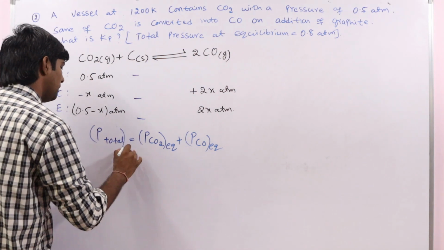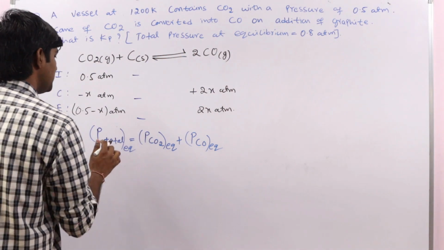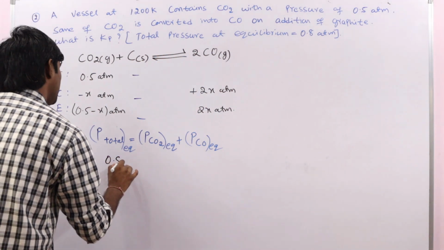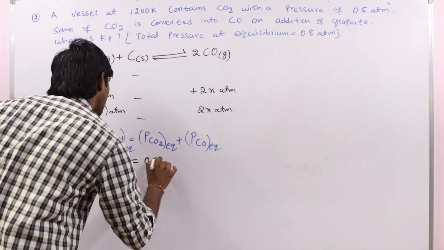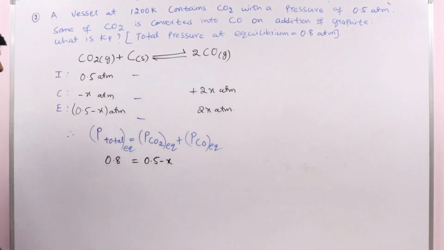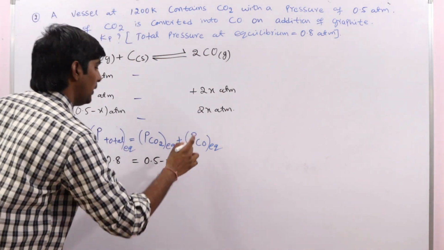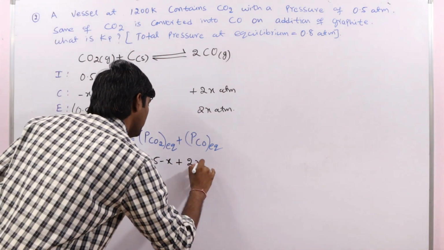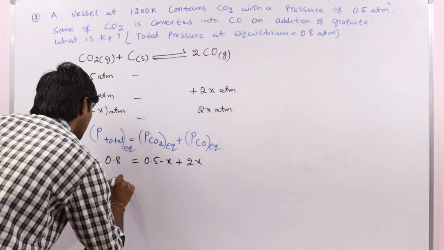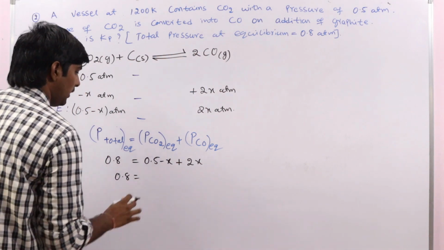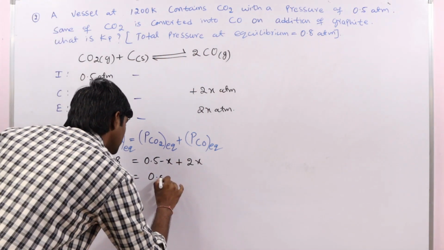So 0.8 is equal to partial pressure of CO2, 0.5 minus x, plus partial pressure of CO, 2x. If you simplify, 0.8 equals 0.5 minus x plus 2x.